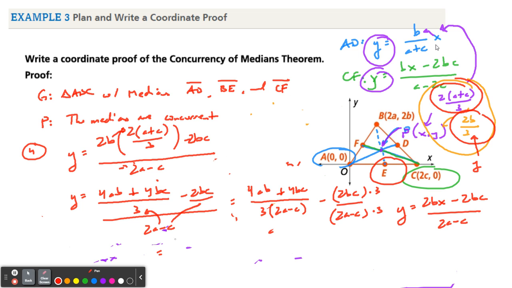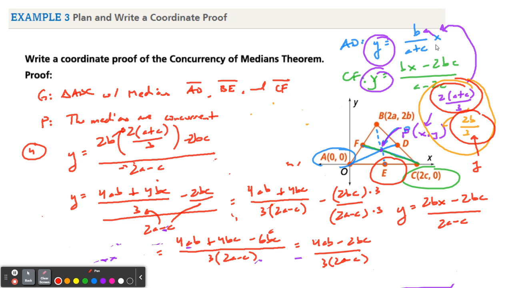So the top will be 4ab plus 4bc, and then this is minus 6bc all over, and this is 3 times 2a minus c. So these will combine to get you a negative 2bc. So we'll have 4ab minus 2bc all over 3 times 2a minus c.